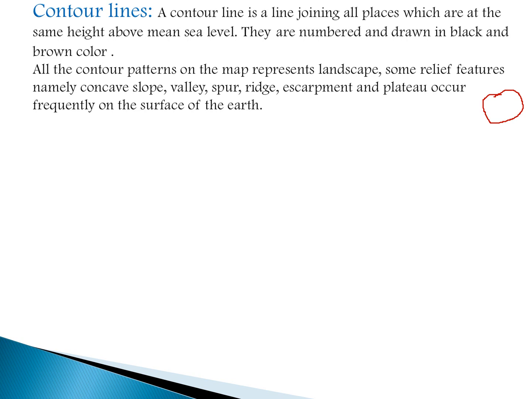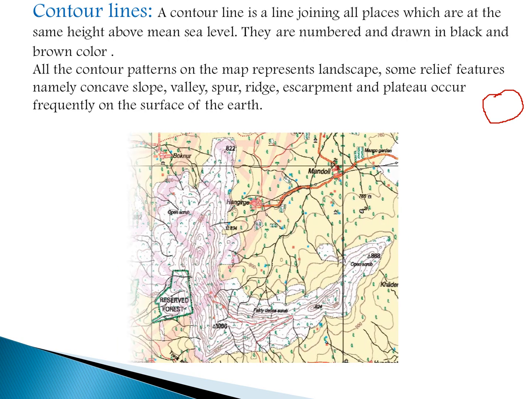They are always numbered, and they are drawn in black and brown color. All the contours are parallel to each other, and they represent the landscape. Some relief features, namely slopes, valleys, ridges, escarpments, plateaus, occur frequently on the surface of the earth.